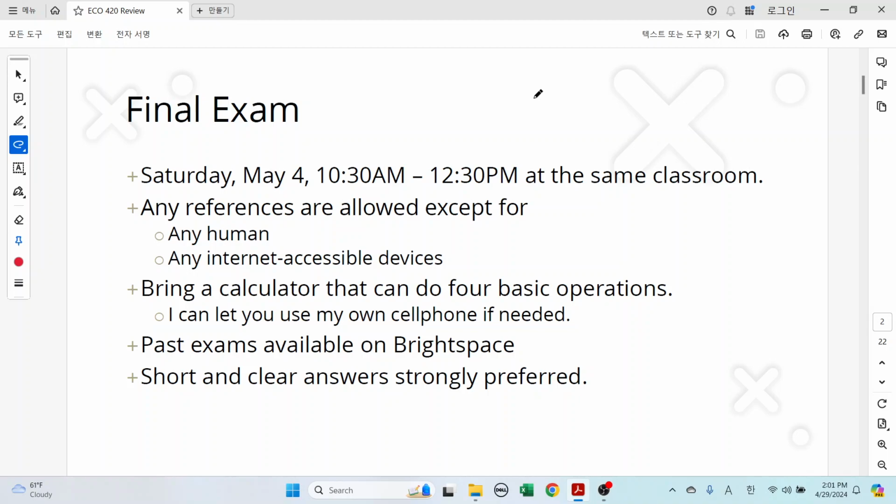And in case you forget or you don't have a calculator, I will let you use my own cell phone, but not throughout the exam, just for a few minutes, right? There may be a few questions, for example, predict something based on a regression table. Then you need to multiply and add things, or you may need to calculate the t statistic, which requires division. So for these basic things, you can use a calculator.